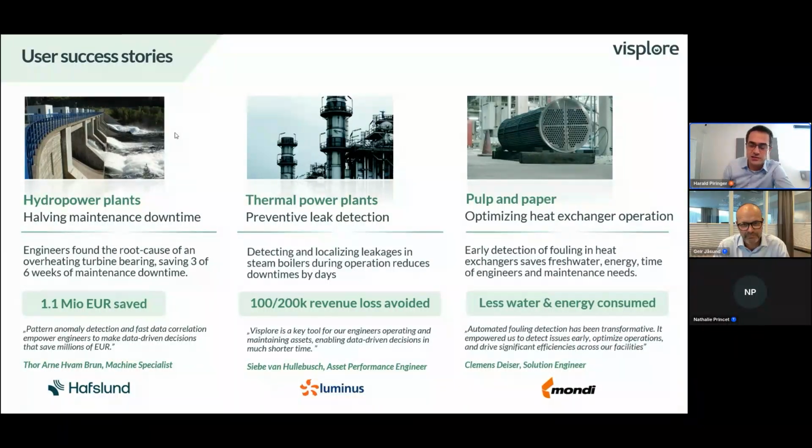And this is a use case from pulp and paper, where Visplore was used to optimize and monitor the operation of a heat exchanger, saving in this case fresh water, and also the amount of energy consumed.